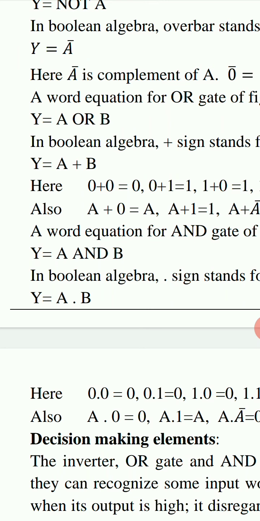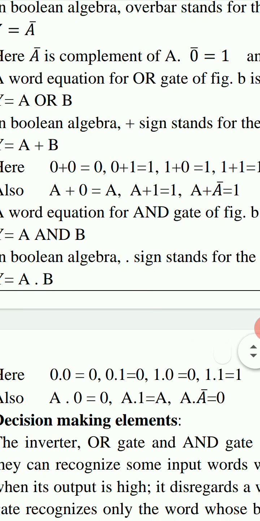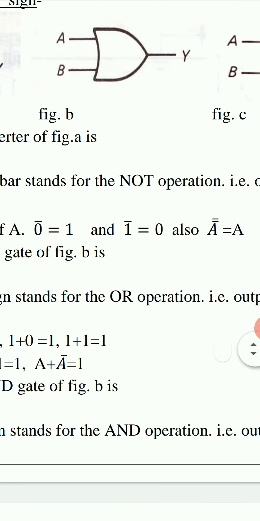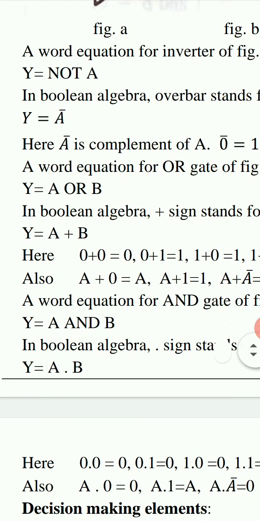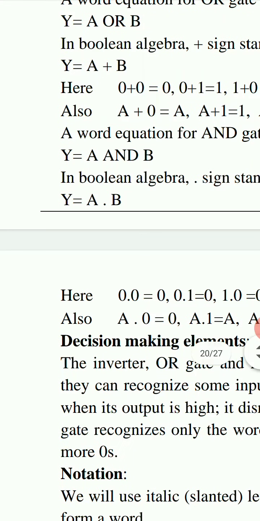For OR operation, this is the symbol of OR gate. Its output is Y equal to A OR B. This OR operation means output is 1 when A or B or both are 1.